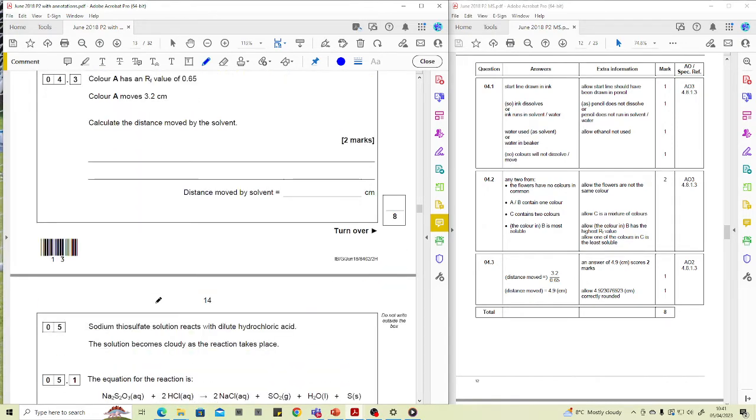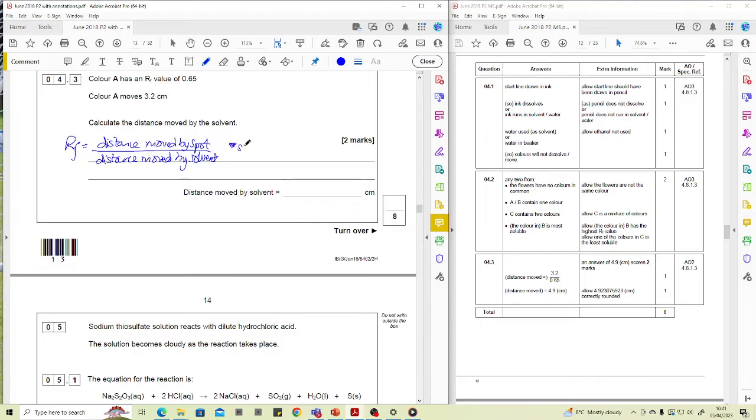So colour A's RF value is given, and the movement of the colour, so RF equals distance moved by spot over distance moved by solvent. So let's substitute in the numbers as we have it.